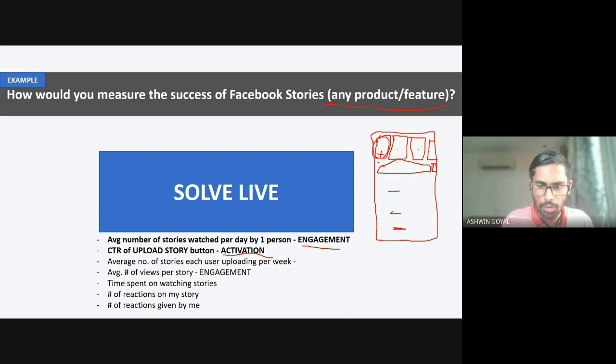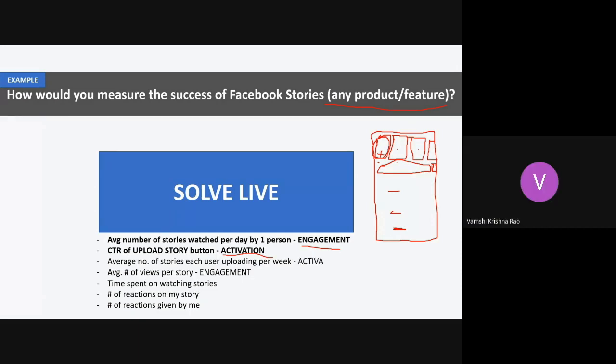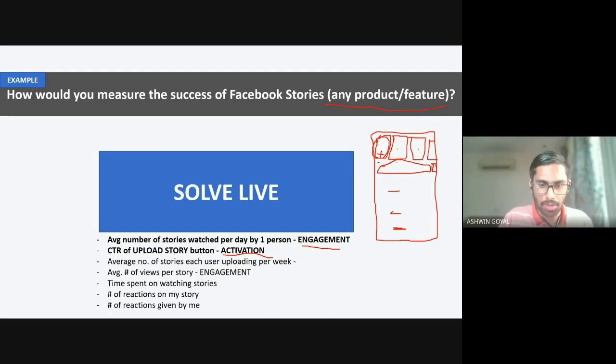So average number of stories each user uploads. Which category does this belong to? Activation. Per week, it would be retention, right, because they are retained, they are uploading stories once again. Correct. Retention.